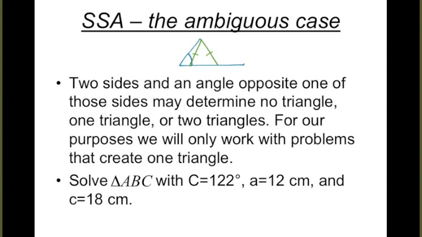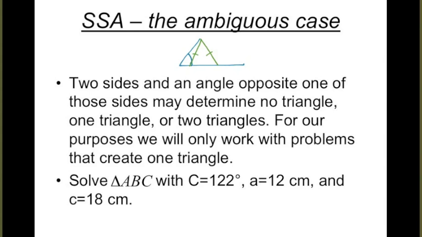So what that means is sometimes when given this type of information, you could end up with two different possible answers. I am only in this class going to give you problems that are set up to get one answer. Okay?